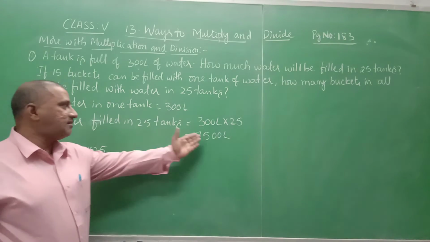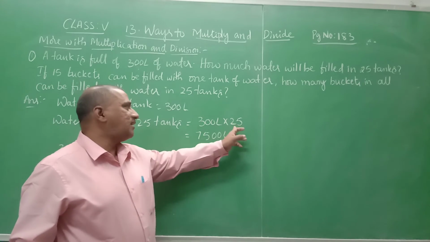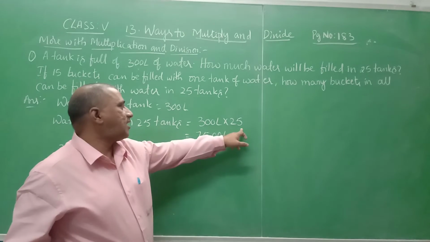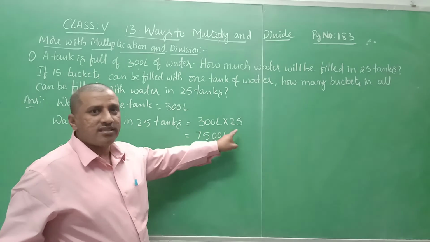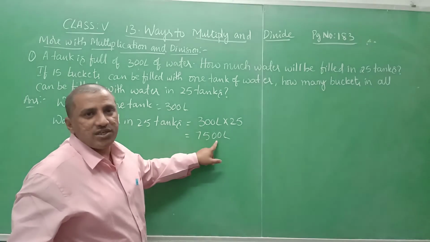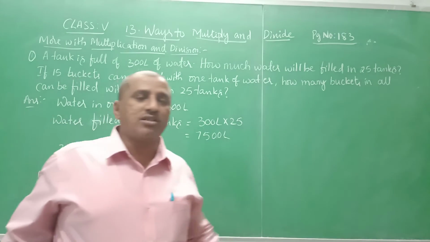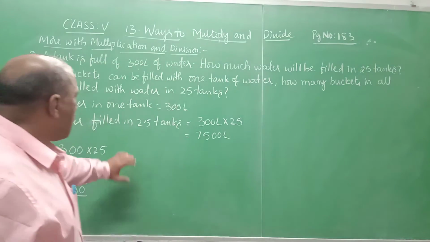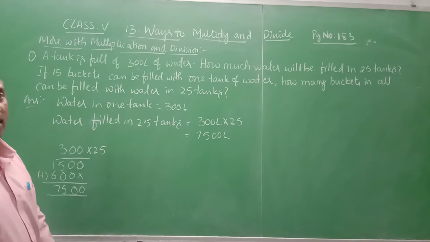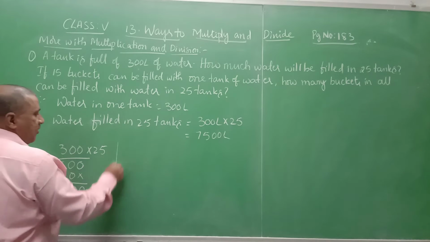7,500 liters. Or simply here, you can multiply 3 with 25 by ignoring 2 zeros. 3 5s are 15, 1 is there, 3 2s are 6 plus 1, 7, 75. Now we keep 2 zeros, we will get 7,500 liters. So how much water can we fill in 25 tanks? 7,500 liters.